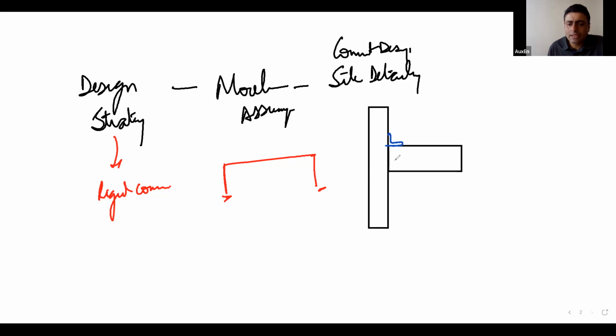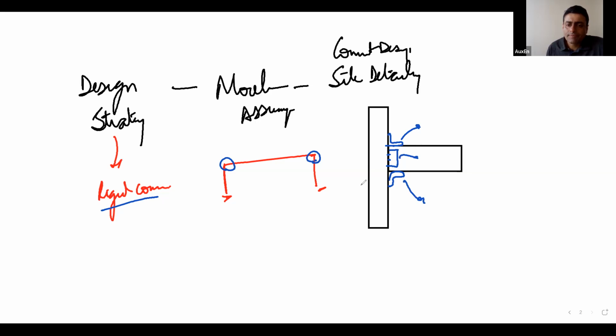Do you understand? So let's say I provided a cleat connection like this. So my design strategy was to have a rigid connection. I made a proper model also, but when designing the connection and going for the site detailing, I provided a cleat connection like this, which does not behave rigid enough.